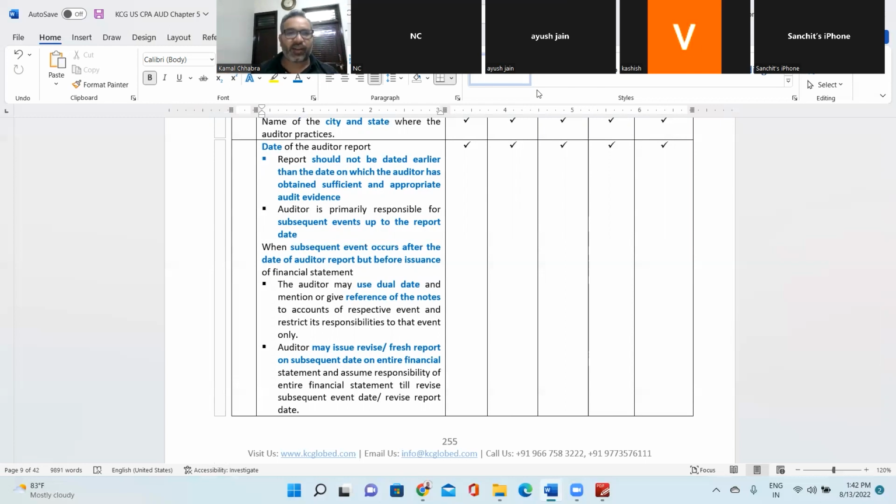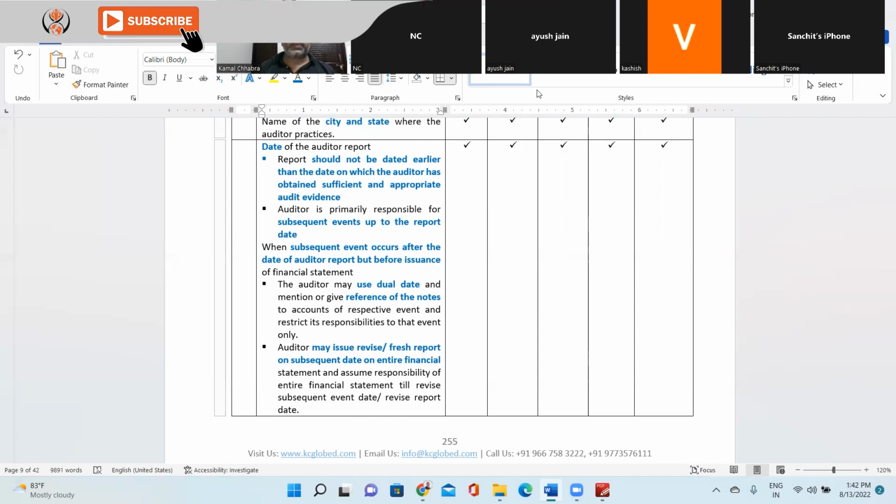Once you have obtained and evaluated all the sufficient and appropriate audit evidence, and reached the conclusion, then only you will be signing the audit report. Make sense?